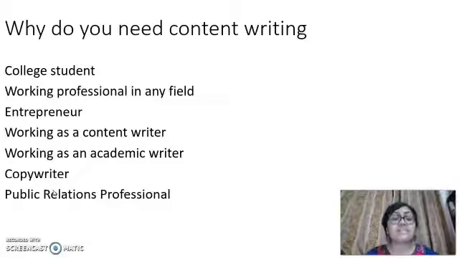The last thing is you also may function as a reporter. I didn't mention reporter in the points where I described different aspects of content writing, because report writing is a more formalized type of content writing which includes the 5 W's and 1 H, which we'll also be teaching you, which is the basics of any writing, but it is more of a journalistic writing thing: report writing, reporting in journalism.